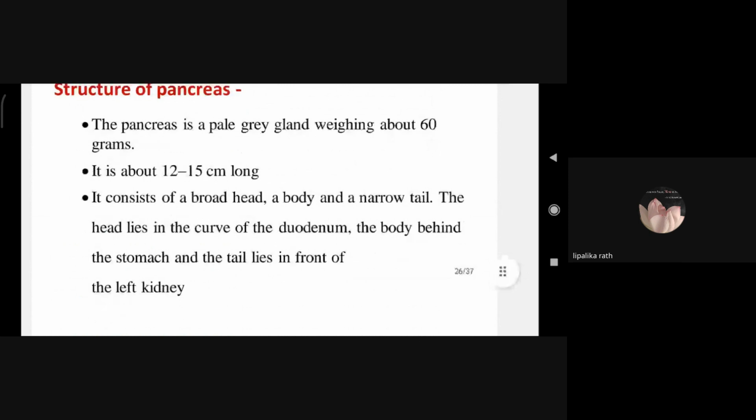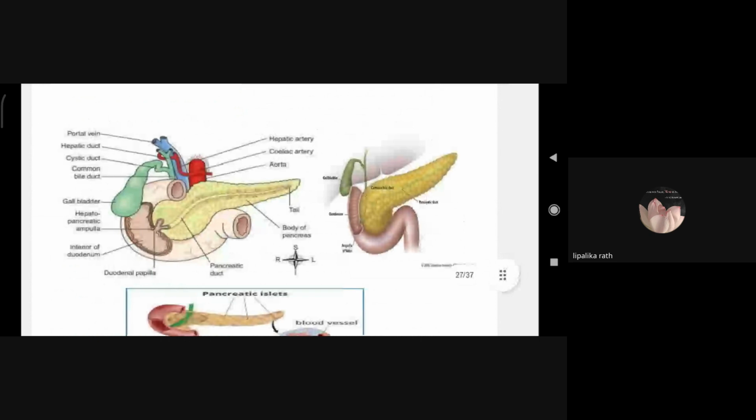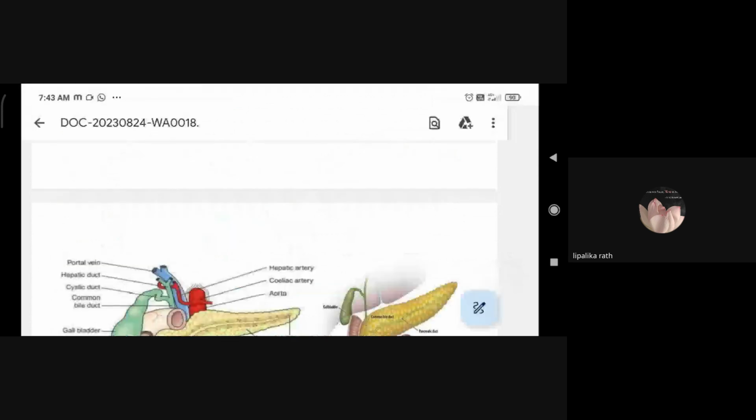So here, this is the pancreas. This yellow colored gland is the pancreas. Now you can see the location of the pancreas. The head of the pancreas is just touching the duodenum. The head is located at the curve of the duodenum, that is the small intestine. Let me take the pencil.